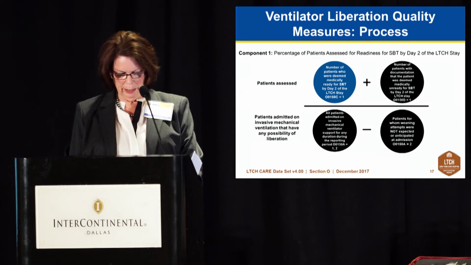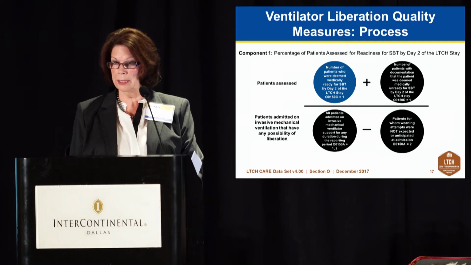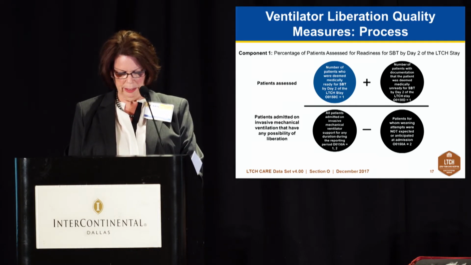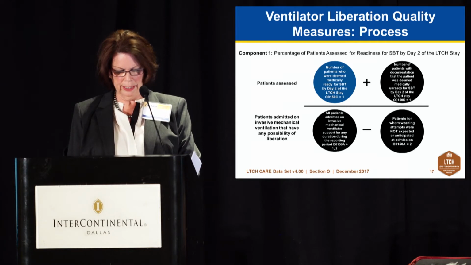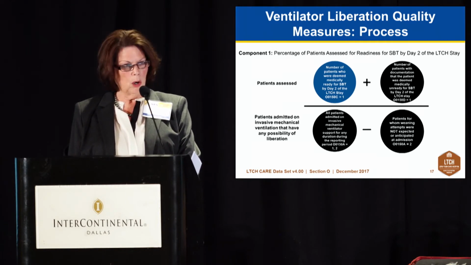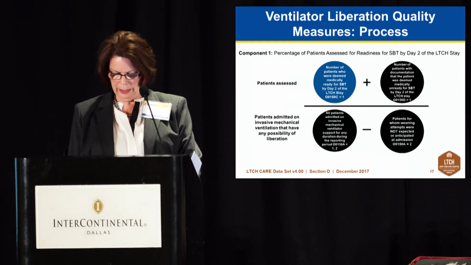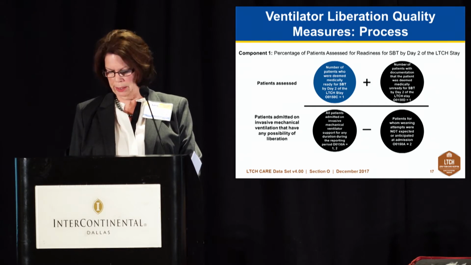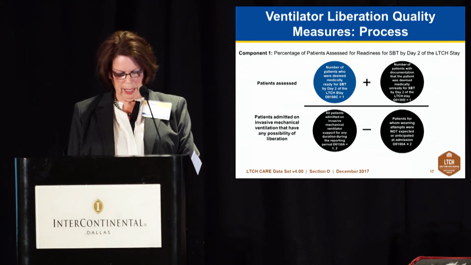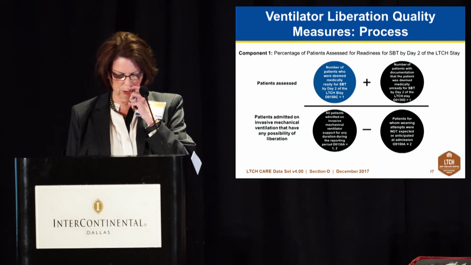Patients who may be identified as non-weaning by LTCHs include patients who are considered chronically ventilated as defined by evidence-based guidelines for ventilator liberation, or patients with an acute or chronic condition that negates any expectation or anticipation of weaning attempts at admission. So examples of that might be amyotrophic lateral sclerosis, or patients with severe neurological injury or disease or dysfunction such as high C2 spinal cord injury.